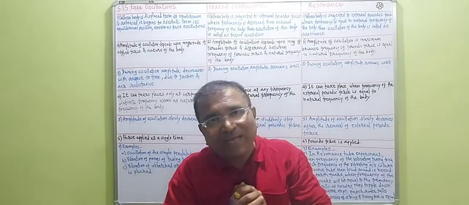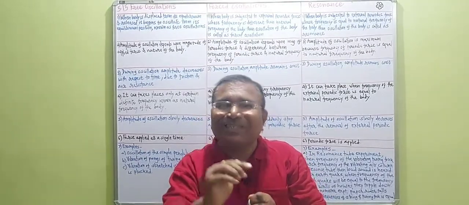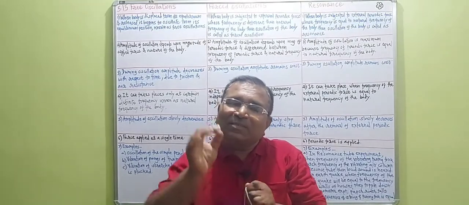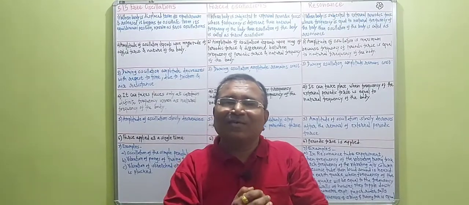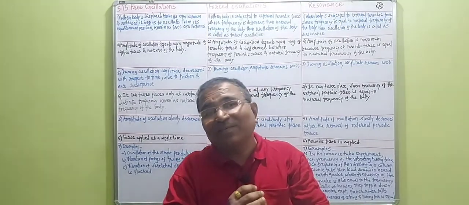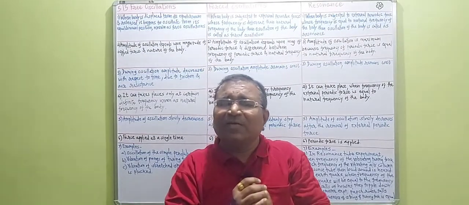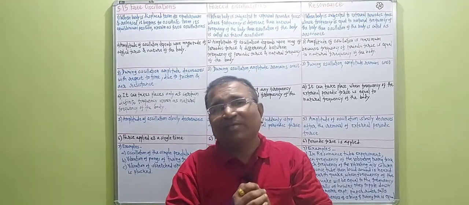So such a free oscillation is also called natural oscillation, because the body oscillates with its particular certain frequency. That frequency is called the natural frequency of the body. Okay, this is the first point. I have dictated to you first the definition of free oscillation.